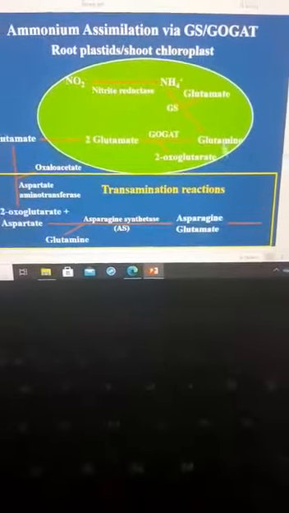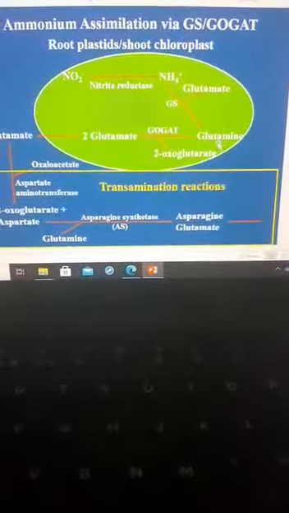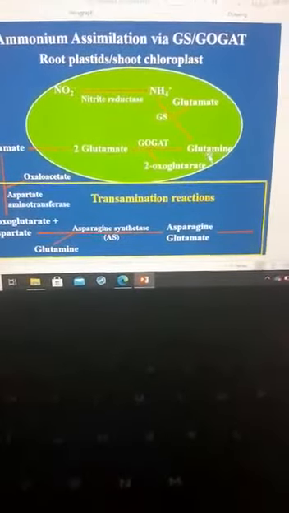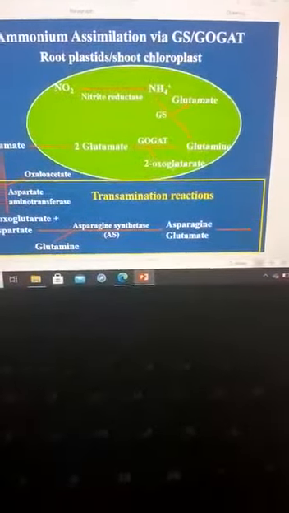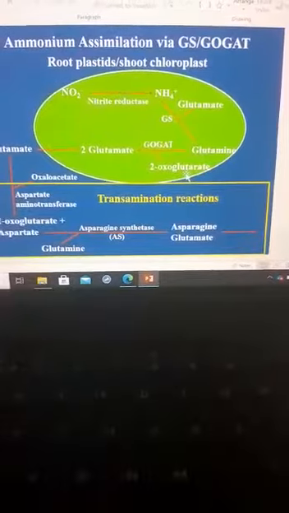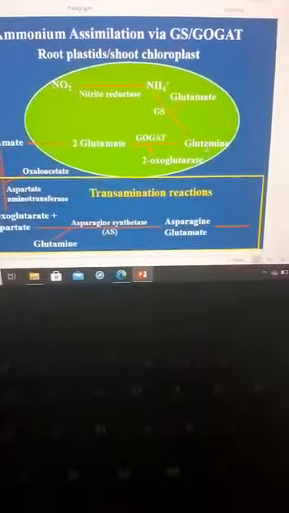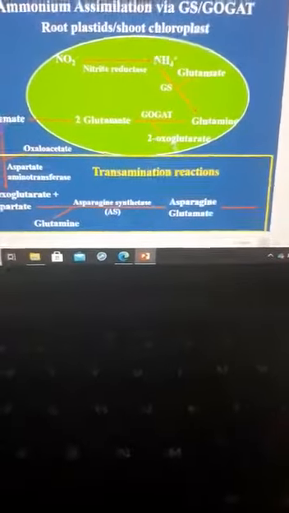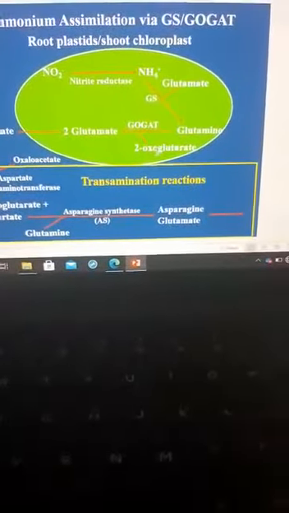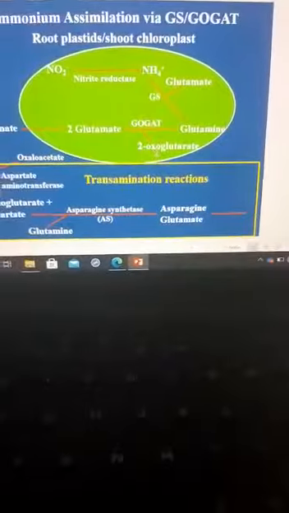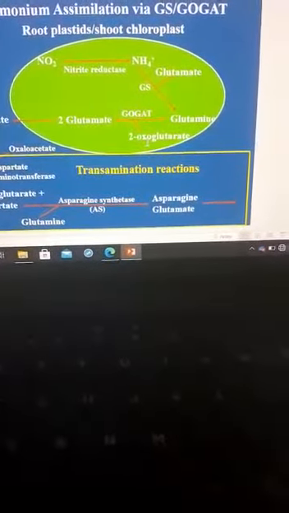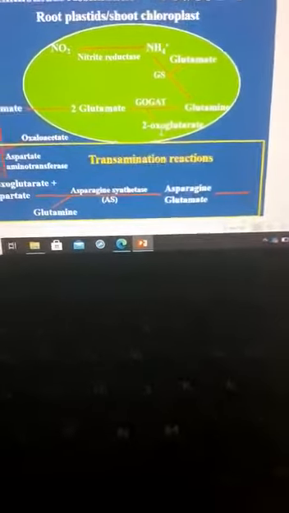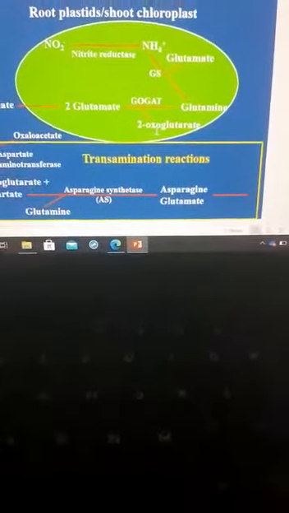The next step is this amide that you see, glutamine, interacting with an organic acid. You've got an amide interacting with an organic acid. Like I said before, most organic acids have got structures that can easily be converted into amino acids if only they can get an amino group.